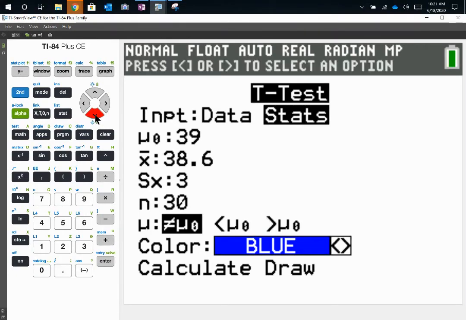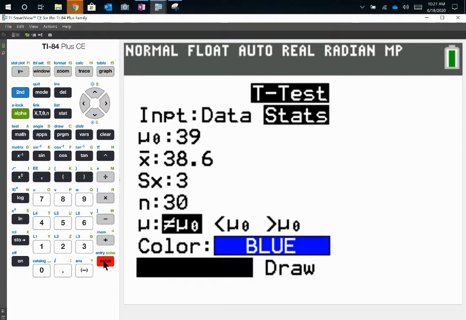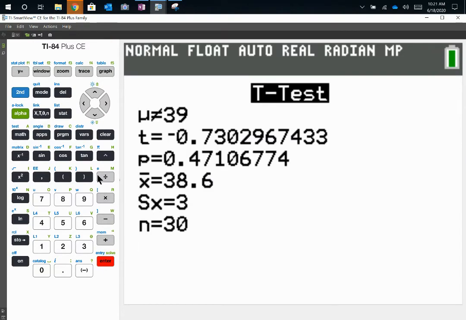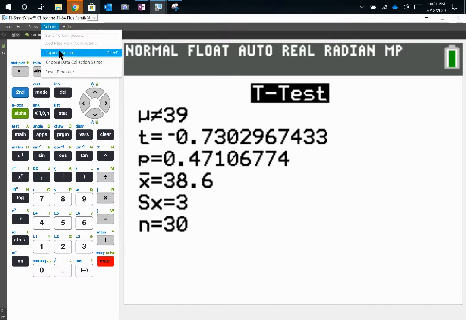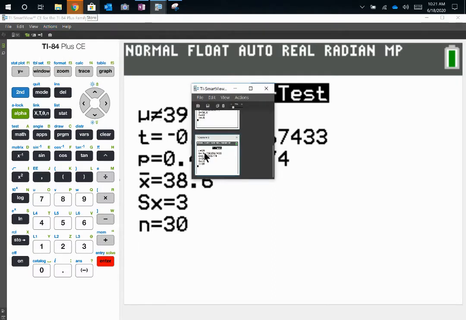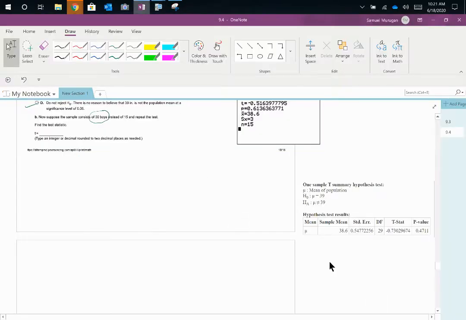Okay, what is wrong with this thing? Here we go, enter. All right, so we're going to capture this screen here, bring it over, and we should see the same results for both, yeah?